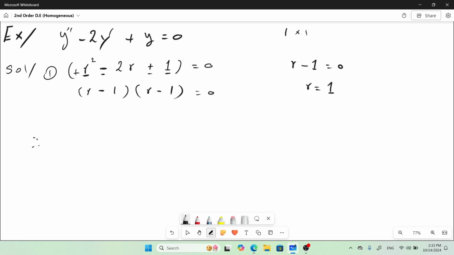Therefore, the general solution for that equation would be equal to c1 times the exponential of x, plus c2 x times the exponential of x, since both the roots here are the value of 1. And that's the final answer.